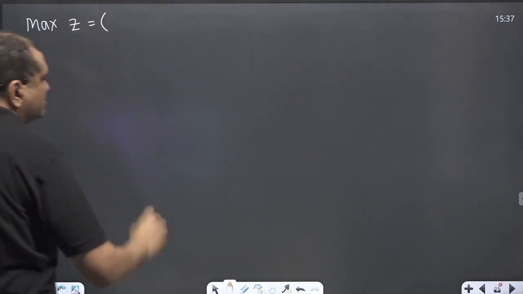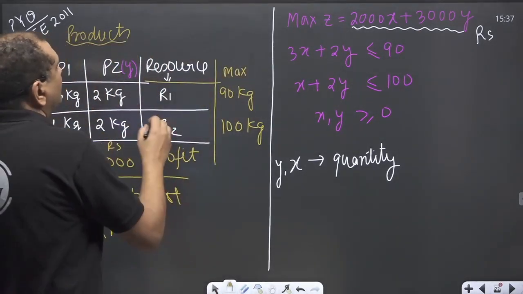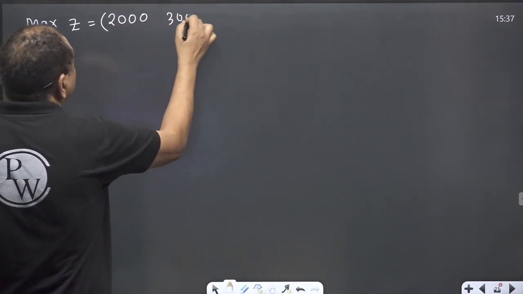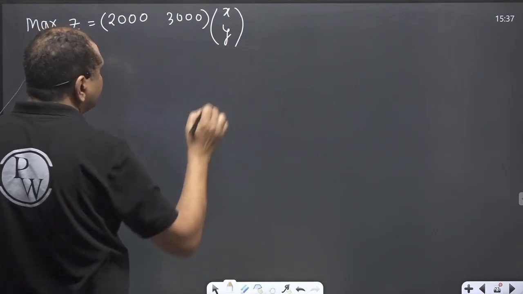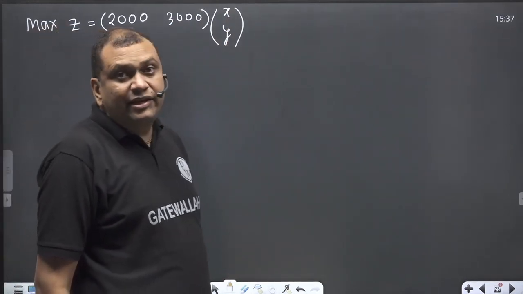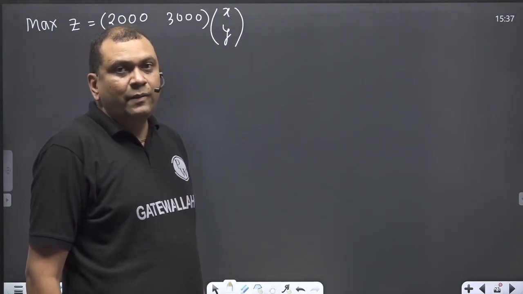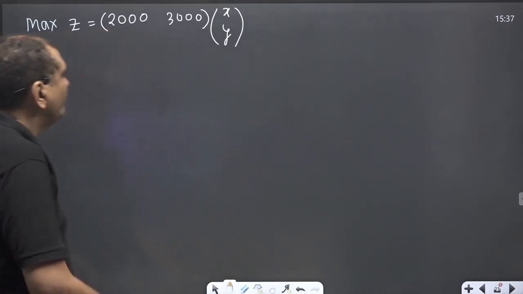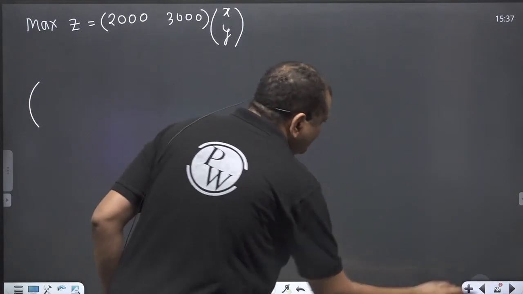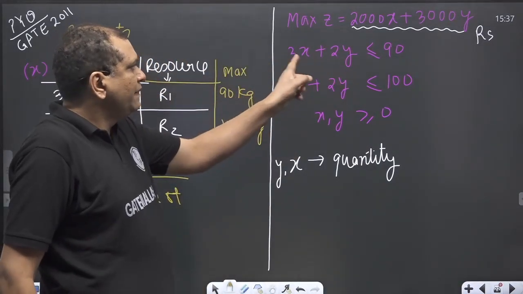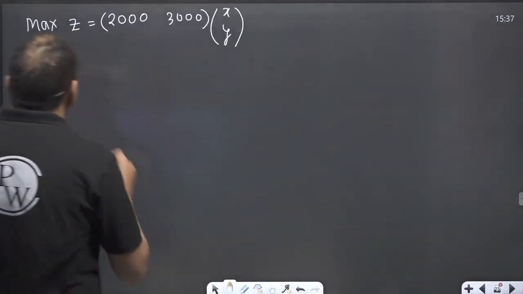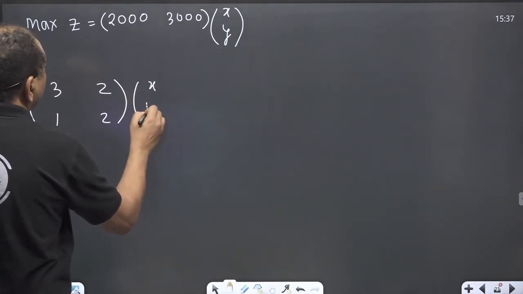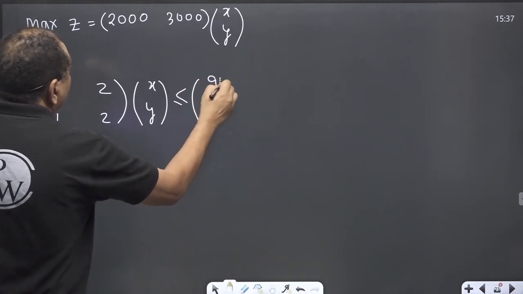Maximum Z is 2000, 3000. Of course, I can give you the answer in 1 minute, but you should understand, in case some related problem comes, how will you handle it? Then the constraints are, sign is the same, 3 2 1 2, times x y, less than or equal to 90 and 100.